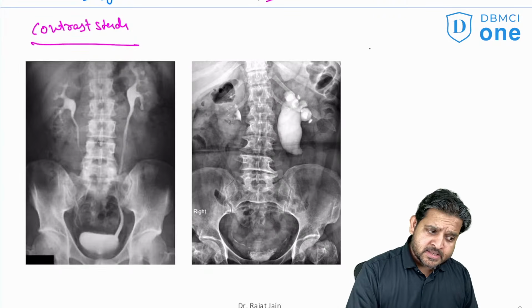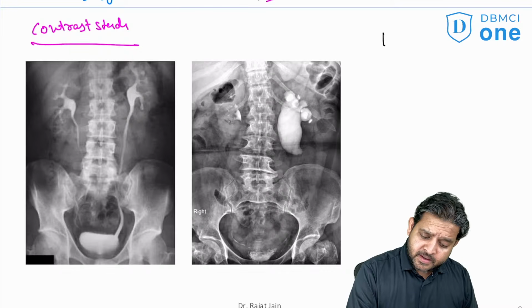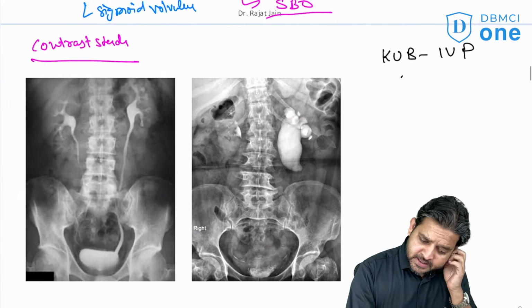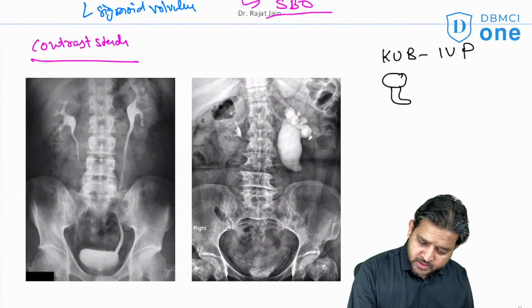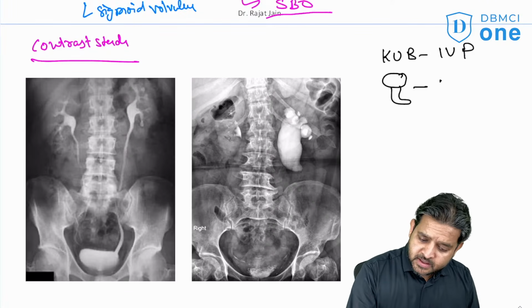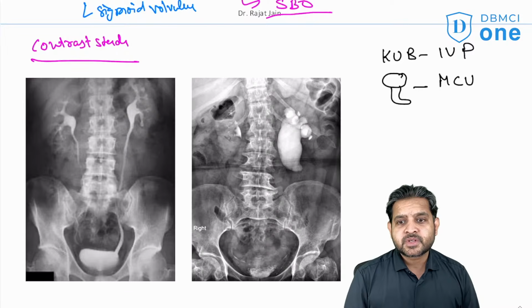If the dye is present in kidney, ureter, bladder, then the name of the investigation is IVP. If it is present in bladder and urethra, then the name of the investigation is MCU.